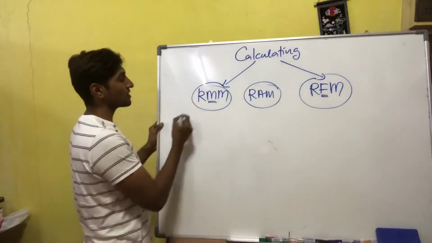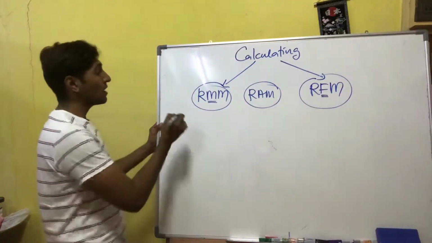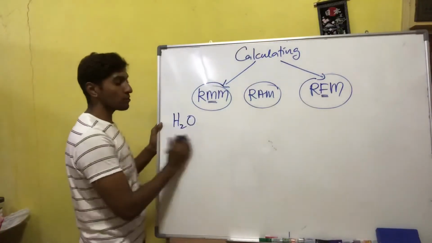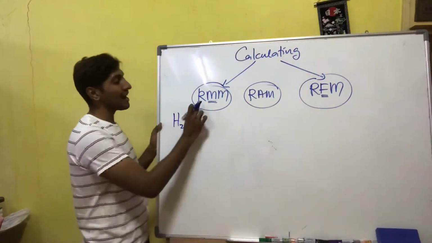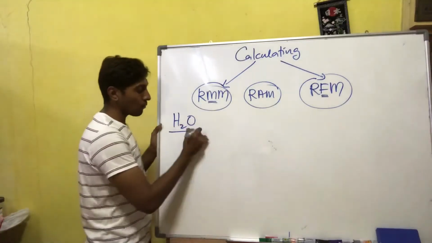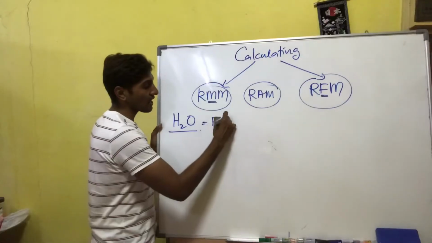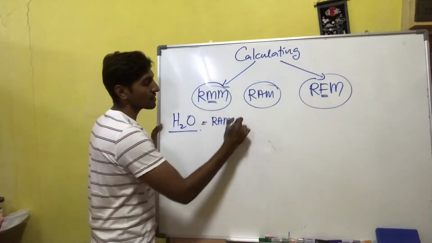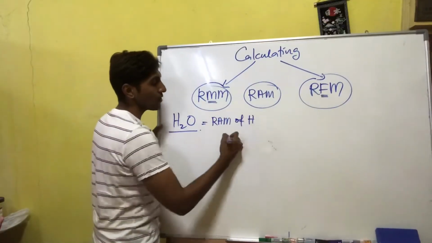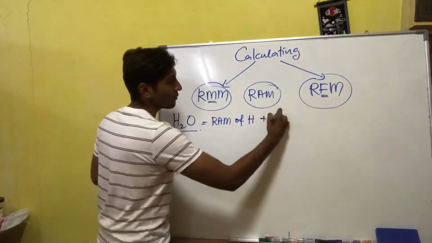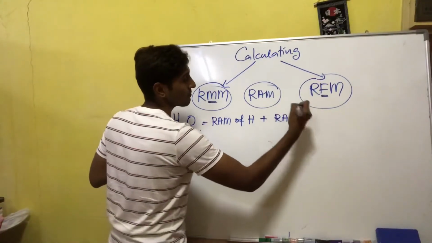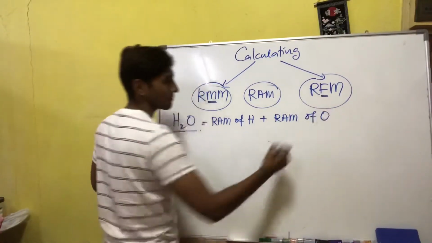So, for example, if I give you water, a molecule of water, what is the RMM for water? We need to calculate the RAM, which is the relative atomic mass of hydrogen, and add it with the relative atomic mass of oxygen.